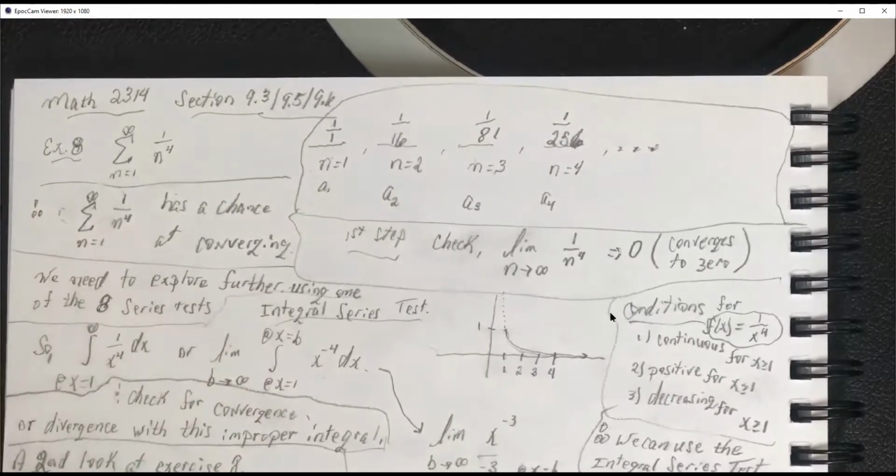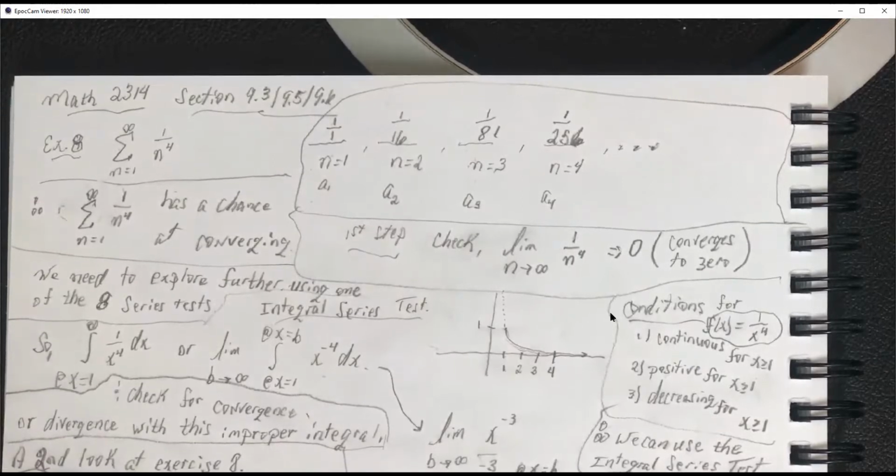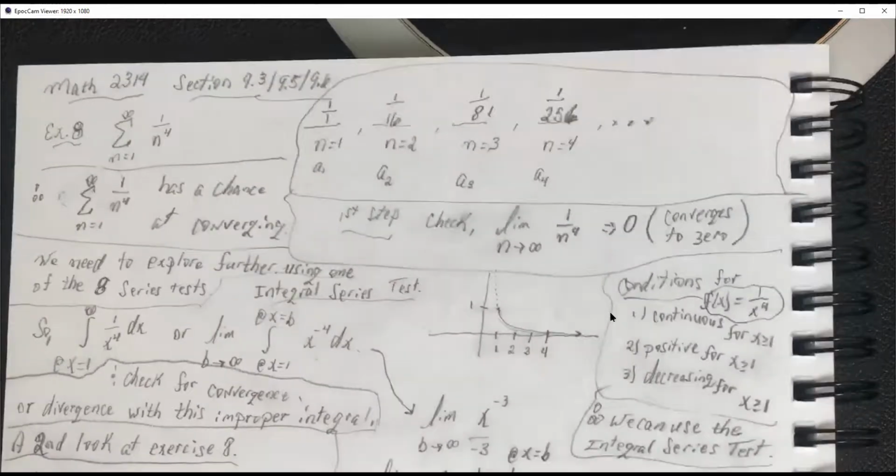We just used the integral series test. Now I'm going to propose to you that we could have used another series test, which is the next one we're learning, and then you can tell and decide which one you like better, because both will work, okay?